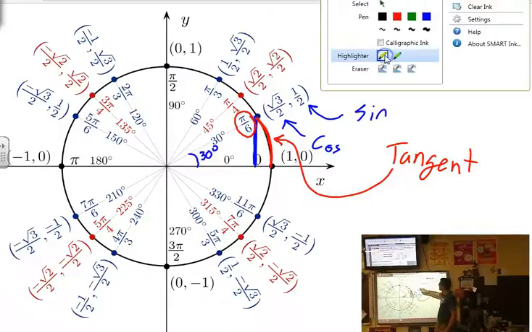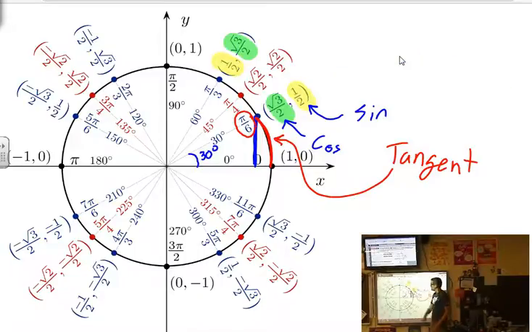Think about these two triangles. These two triangles are the same thing, 30, 60, 90. They just trade places.